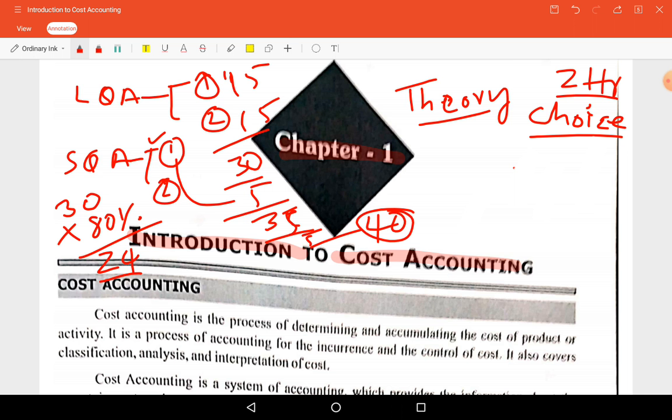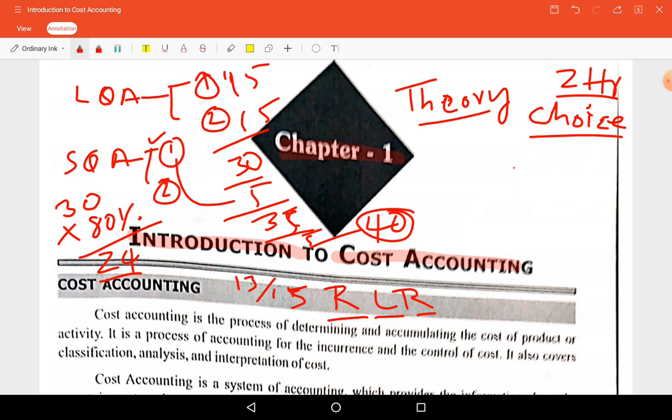But to get 80% marks, that is 12 or 13 out of 15, you need to read, learn and revise.